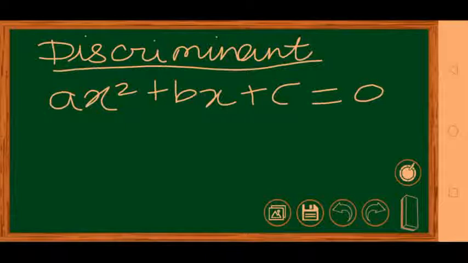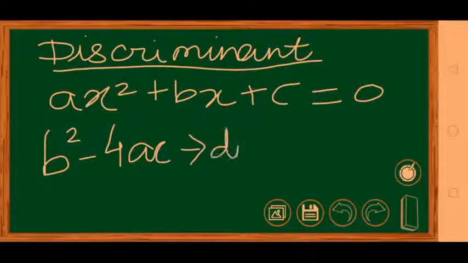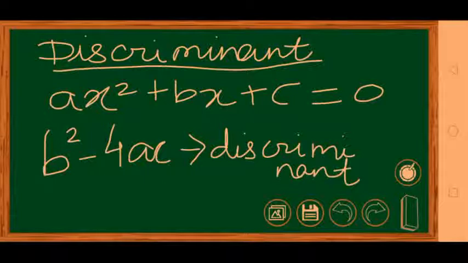Now here, b square minus 4ac is known as the discriminant. Now let us see what is the meaning of the discriminant and what is the use.